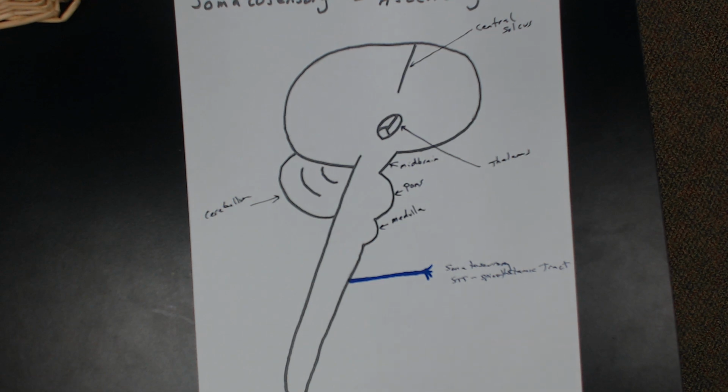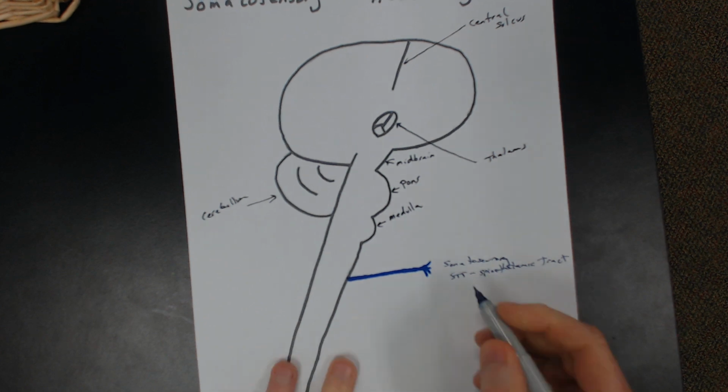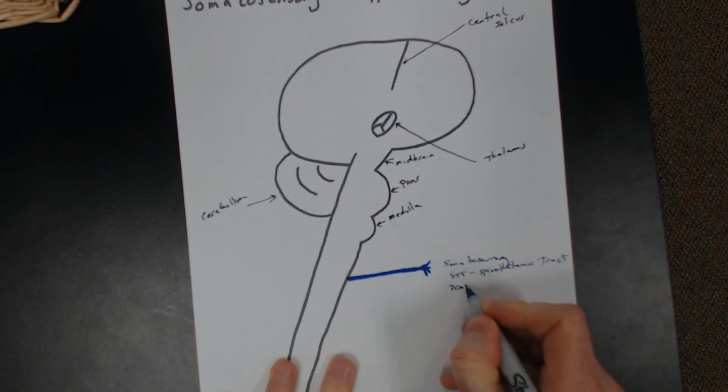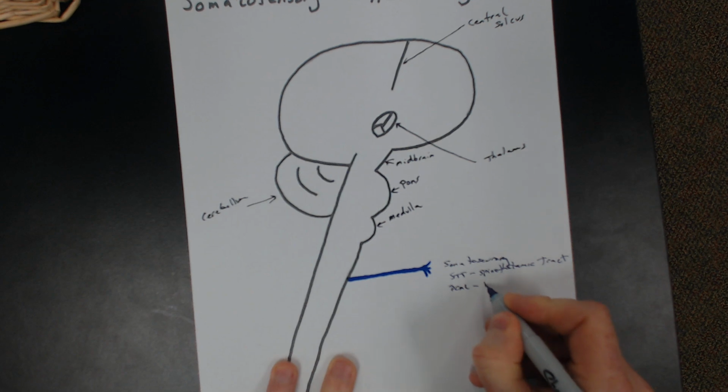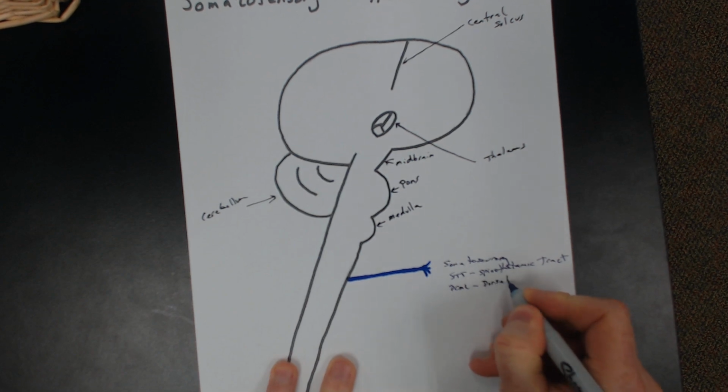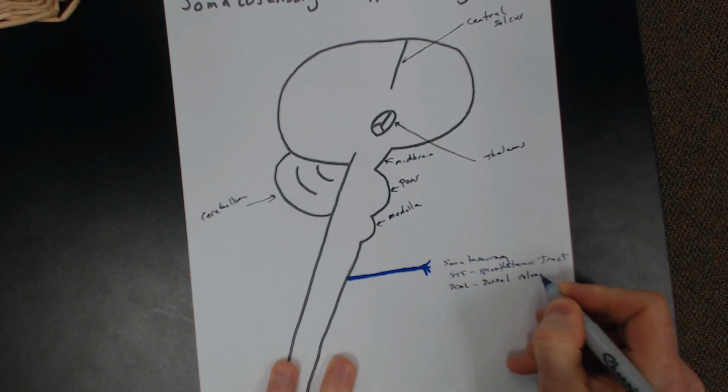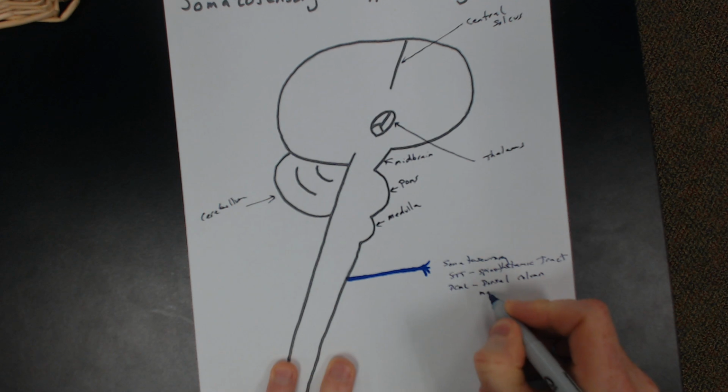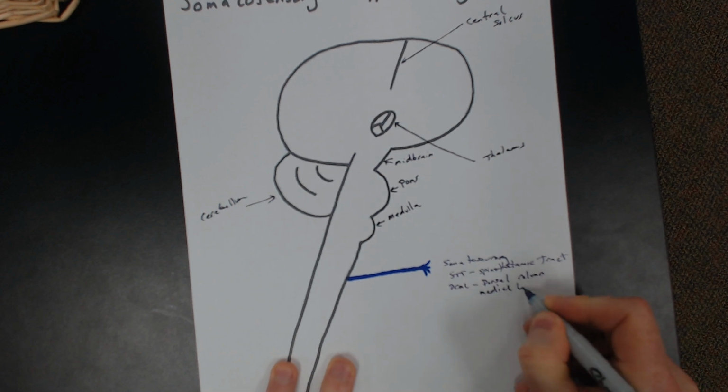What's the other tract that's responsible for conveying somatosensory information? DCML, awesome, yes. DCML stands for dorsal column medial lemniscus.